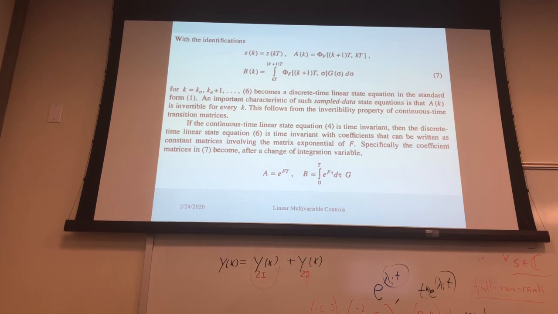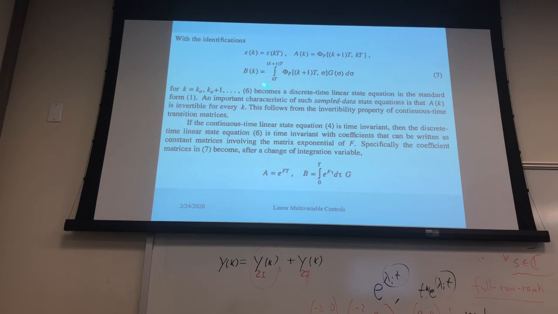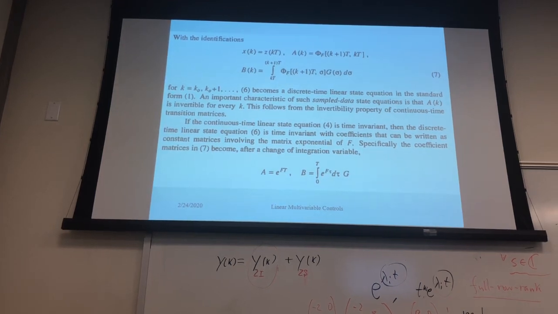So in other words, because of the constant, you can write the matrix exponential like this, and you can turn it into a linear time invariant system very easily.